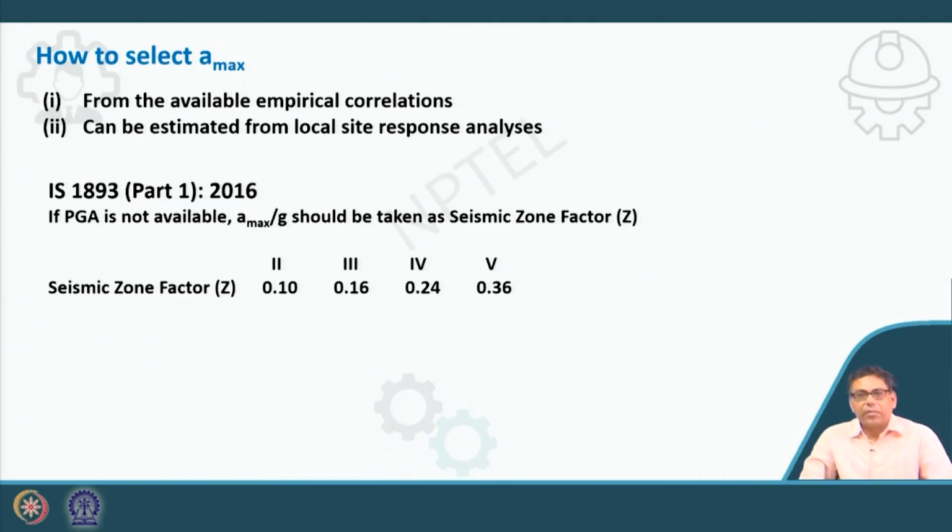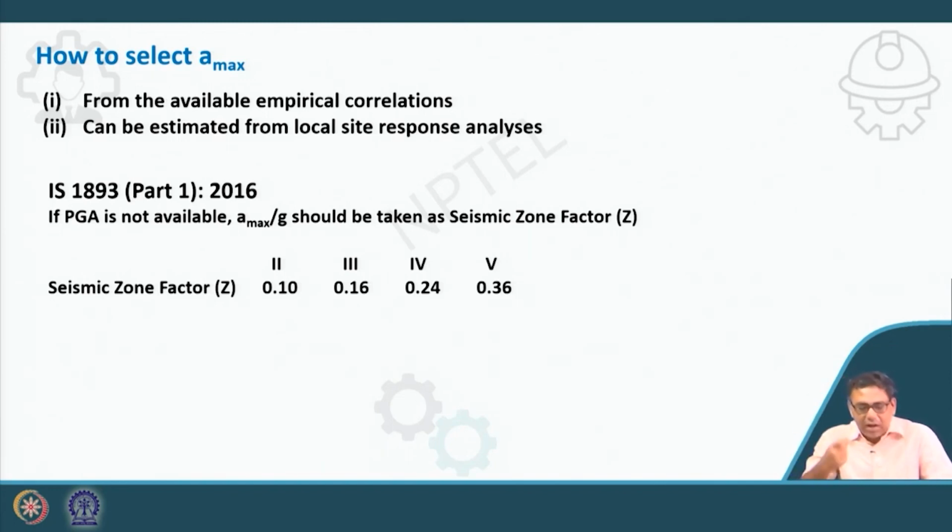You use the appropriate attenuation relationship for the site where you are designing, do the seismic hazard analysis and get the Amax value. If that Amax is the ground surface Amax, then you can use it. But if it is not, then you have to do the site response analysis to get the ground surface Amax.